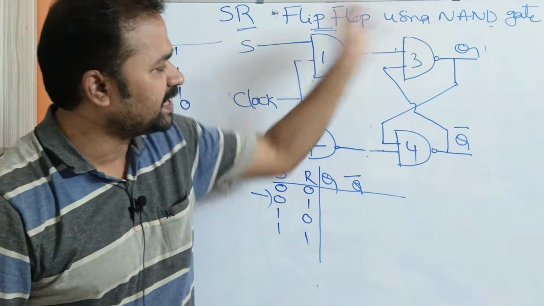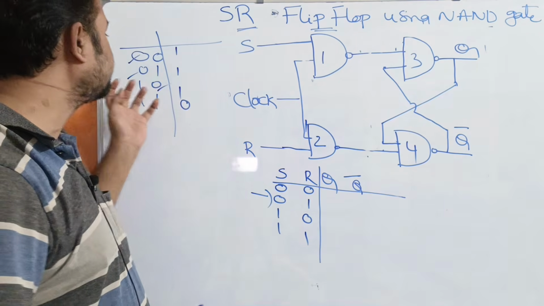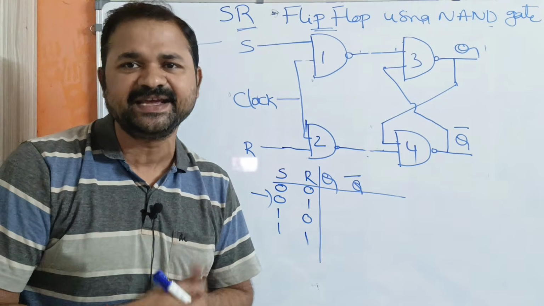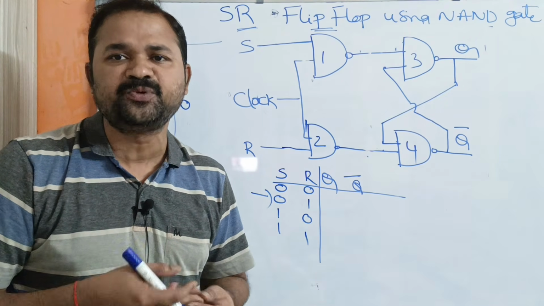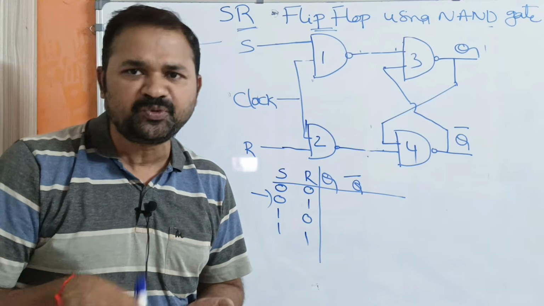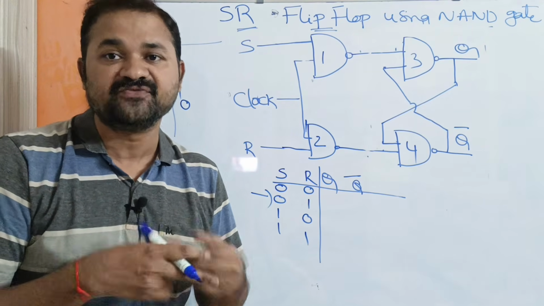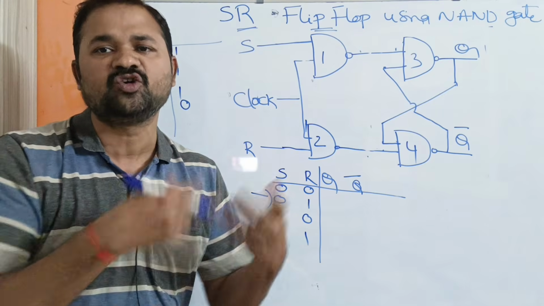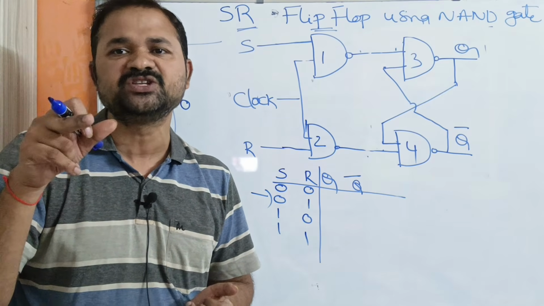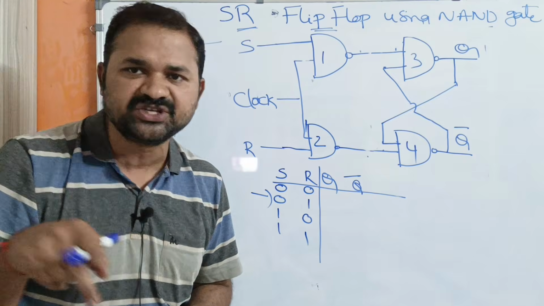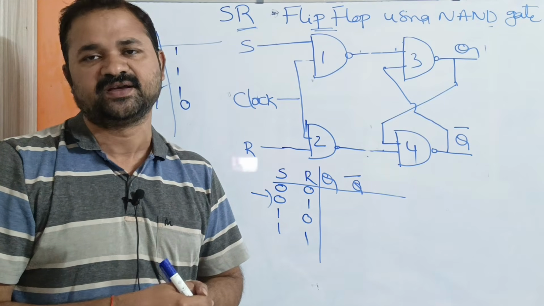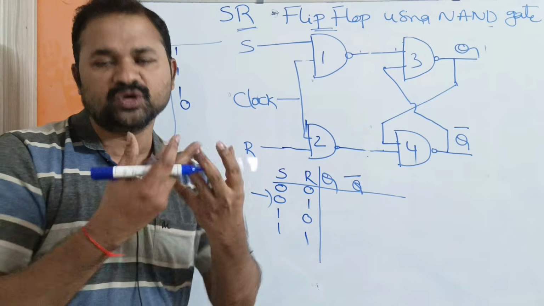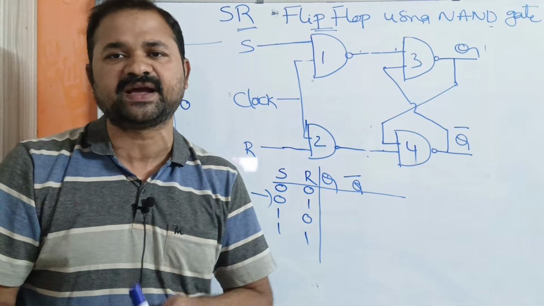Before analyzing this circuit, let us see the NAND gate truth table. We know about the AND gate. AND gate means when the inputs are 1, 1, then the output is 1. Otherwise, the output is 0. So 0, 0 means 0; 0, 1 means 0; 1, 0 means 0; 1, 1 means 1. Whereas a NAND gate is the reverse of the AND gate. So zeros will be converted to 1, ones will be converted to 0.